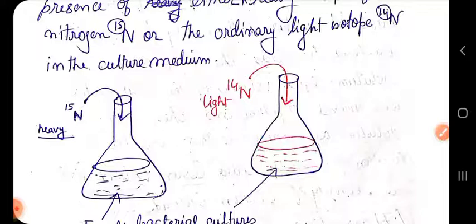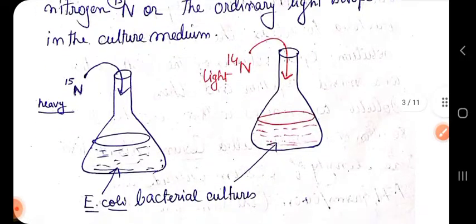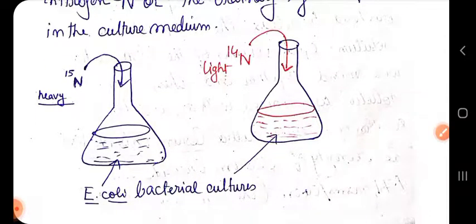Here, for the nitrogen source, we will use the heavy isotope of nitrogen, N15, in the form of ammonium chloride, and the light form of nitrogen, N14. So in one culture medium we use N15, the heavy isotope of nitrogen, and in another medium we use the light isotope of nitrogen, and grow the E. coli cultures separately in these two flasks.